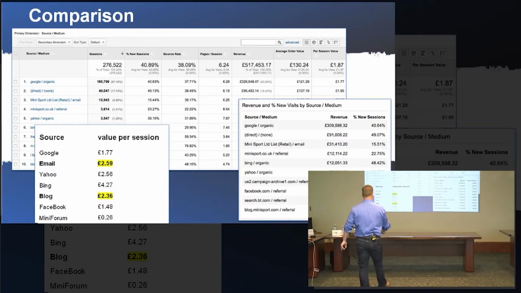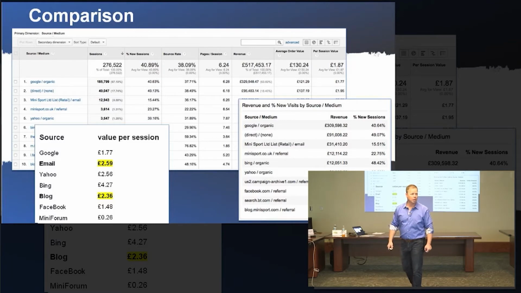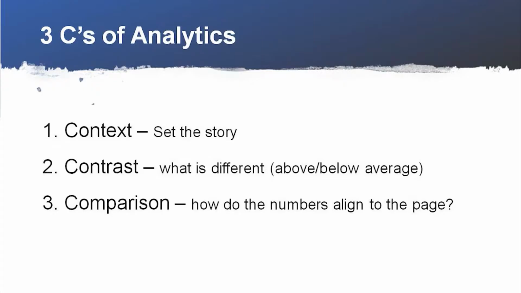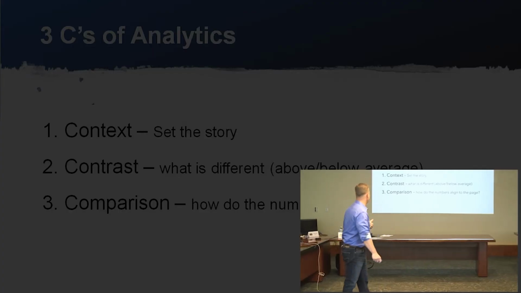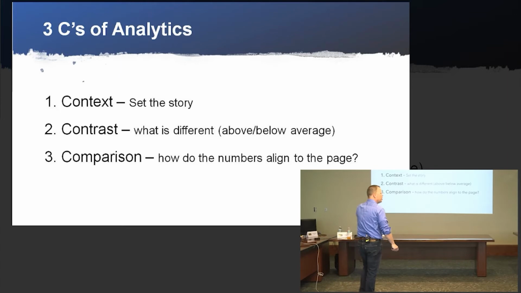Anyone that was reading their blog had an average value per session of $2.36. So immediately what this is informing them is you're doing well in all these mediums and sources. However, if I increase the amount of people coming from email or visiting the blog, that is a high value per session.